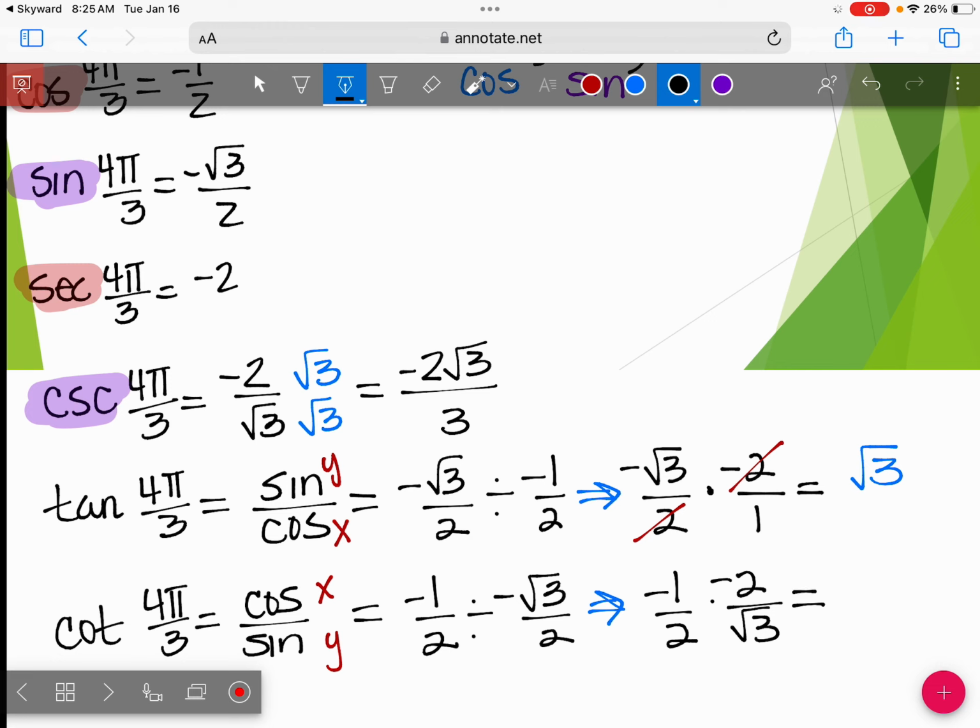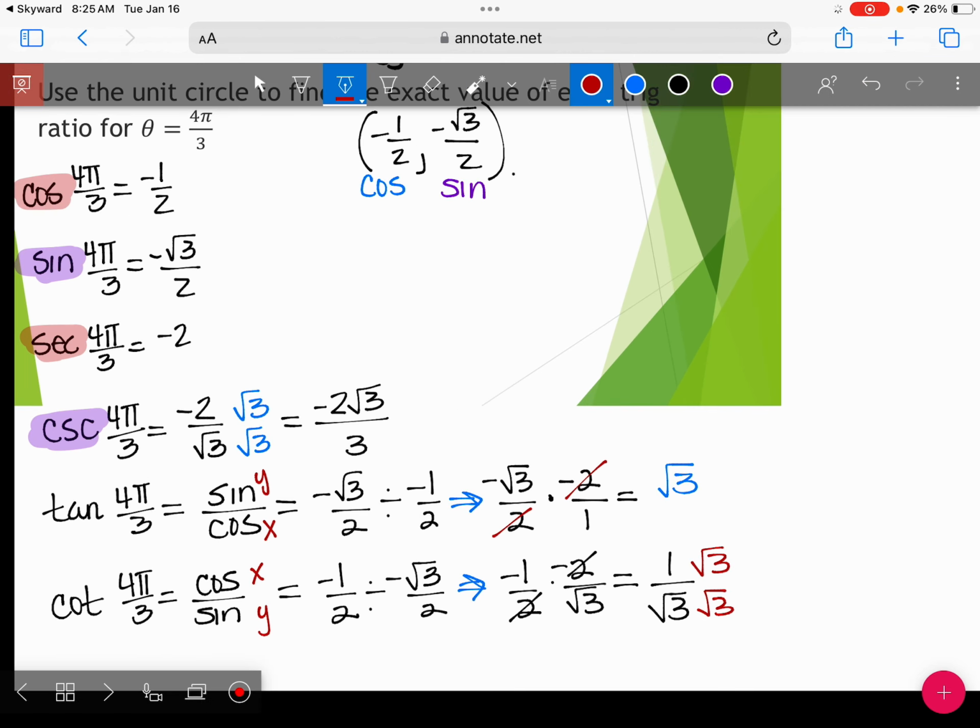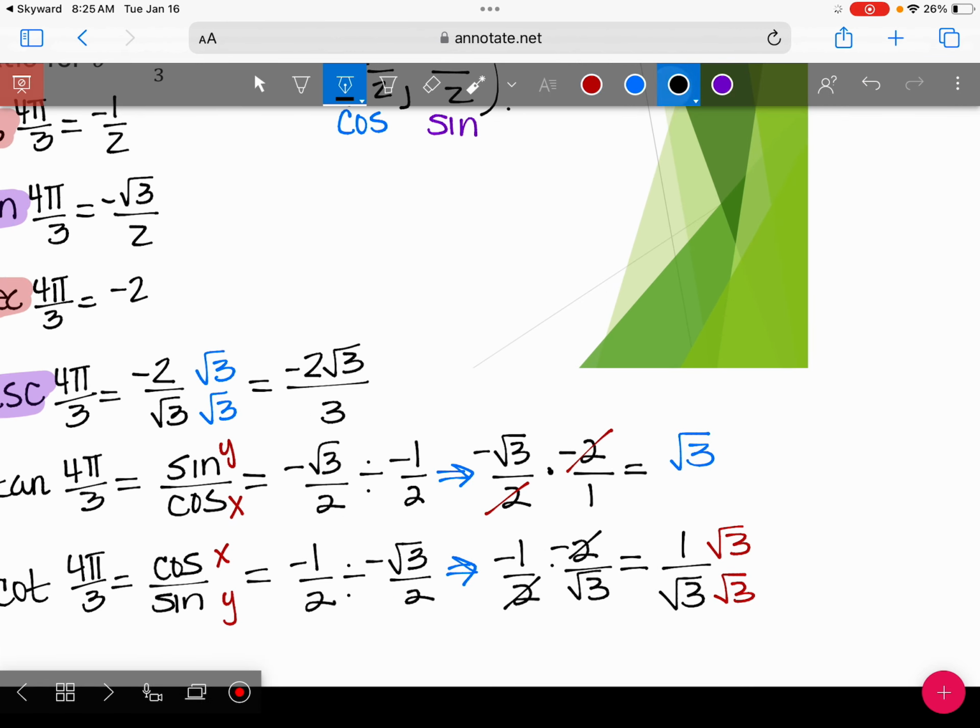Your 2's cancel, but then that gives me 1 over the square root of 3, which is a red light again. We can't have that. So we're multiplying top and bottom by the square root of 3. And that's going to give me a positive √3 over 3.